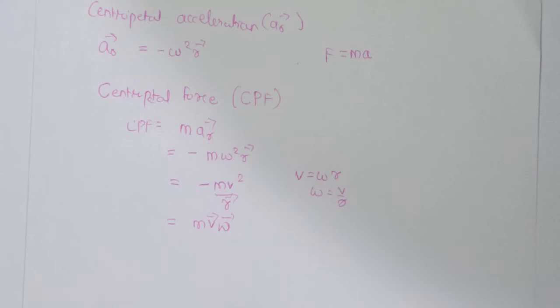Until you reach that maximum speed, you will feel that something is causing your body to move outward of that merry-go-round, and that feeling is nothing but the force experienced by your body while performing circular motion. That is known as centrifugal force.